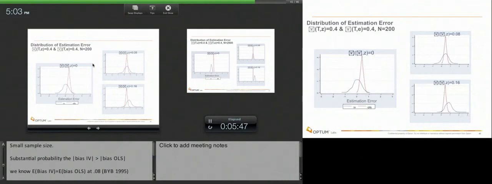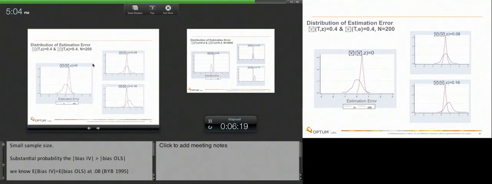Both ordinary least squares and instrumental variables are now biased. Instrumental variables has a bigger standard error associated with it than ordinary least squares. But again, it's not really obvious which is the better method, because the area under the curve here is probably bigger in instrumental variables than with ordinary least squares. It's kind of a coin flip.